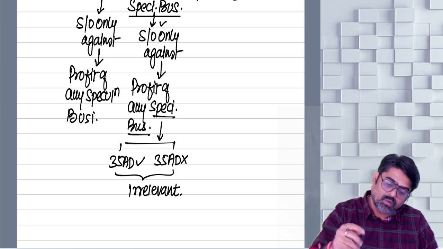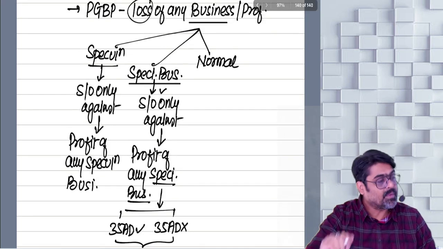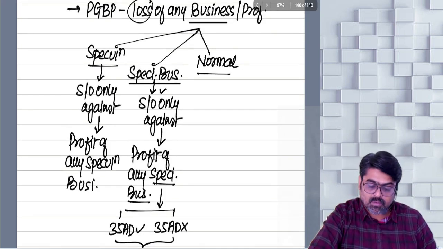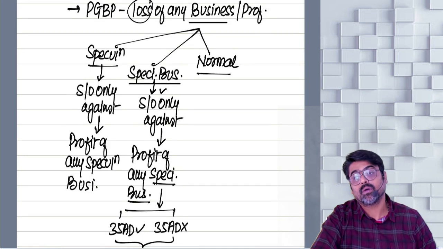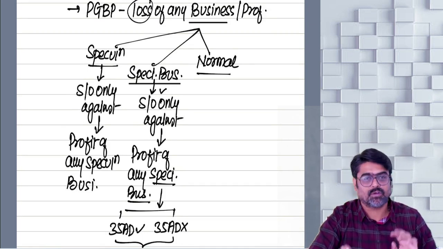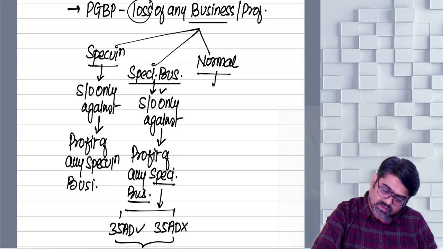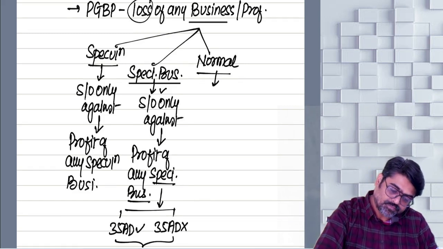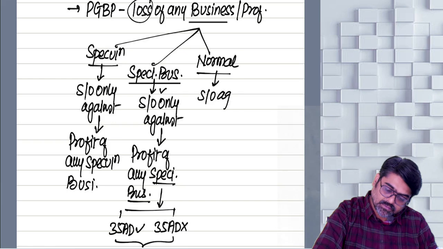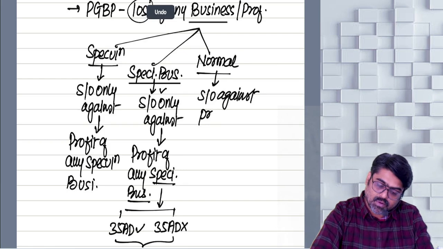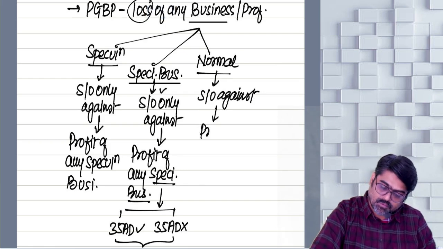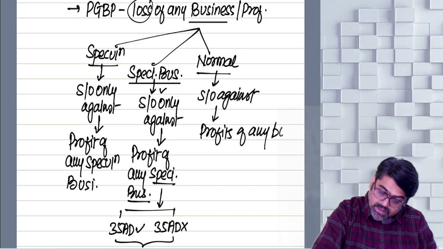Done, sir? Now tell me, under the PGBP head, will you have any normal business? Yes or no? Is there any restriction? The answer is no. There is no restriction on the set off of these losses. So normal business is having a loss, it will be set off against profits of any business.